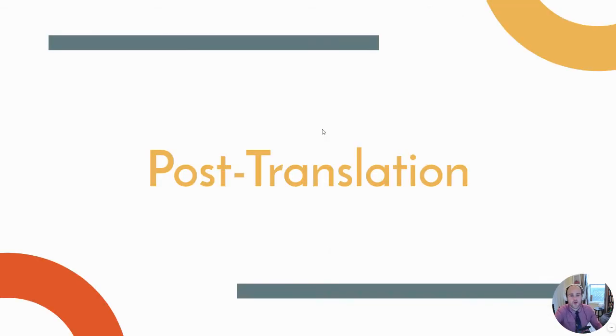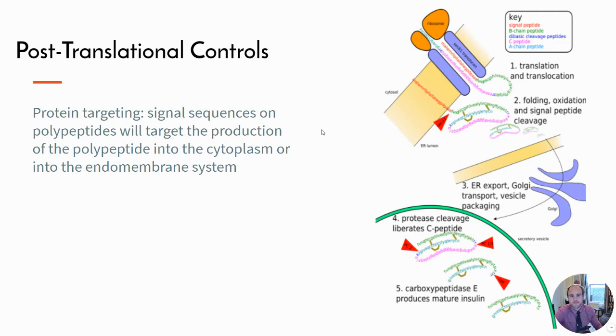All right, translation has occurred. What can we do after the protein is made? Well, there's protein targeting. This is signal sequences on polypeptides that target where a protein ends up.